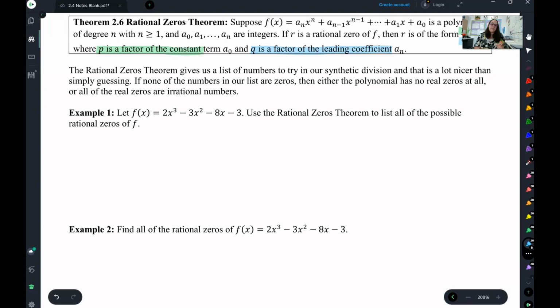So let's practice this in example 1. Example 1 just says list all the possible rational zeros. So we're going to do this P over Q: the factors of the constant over the factors of the leading coefficient.